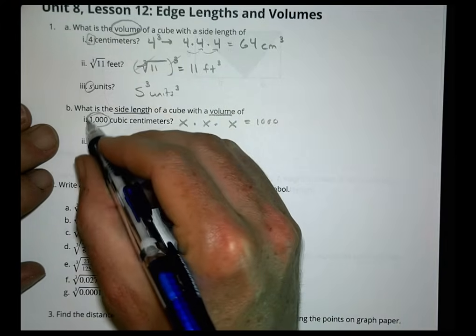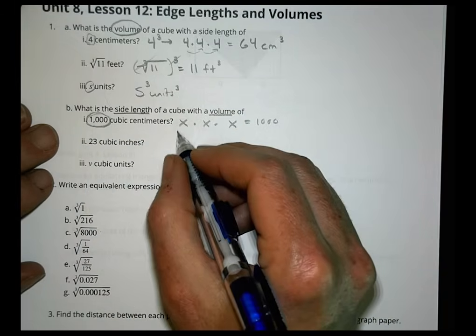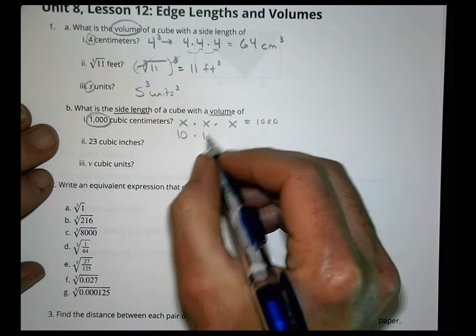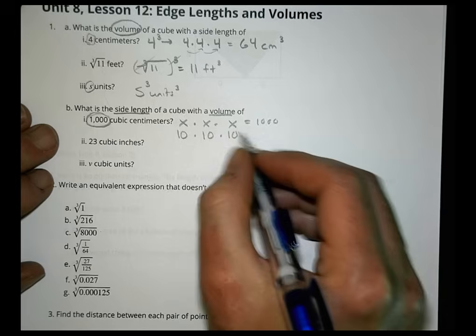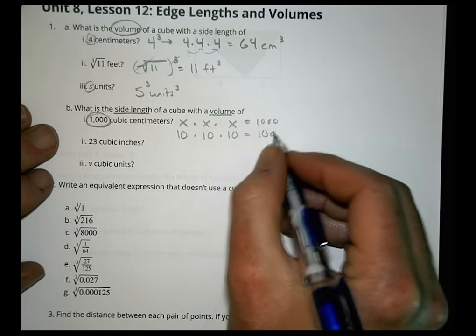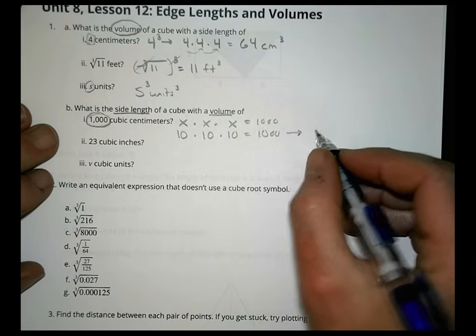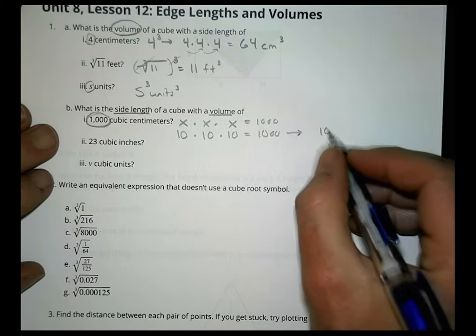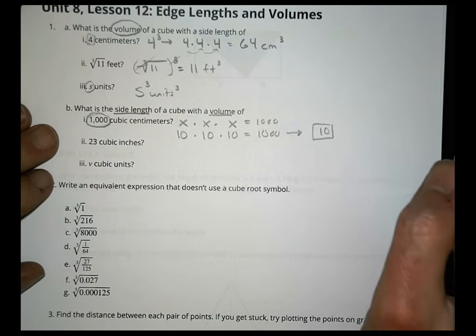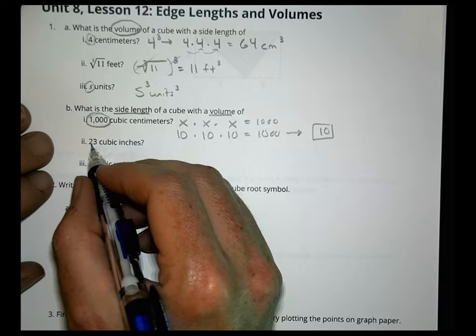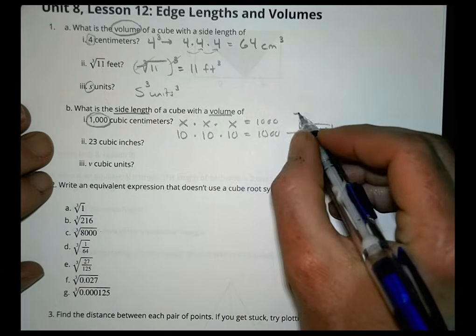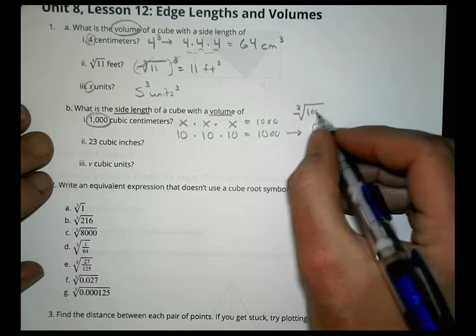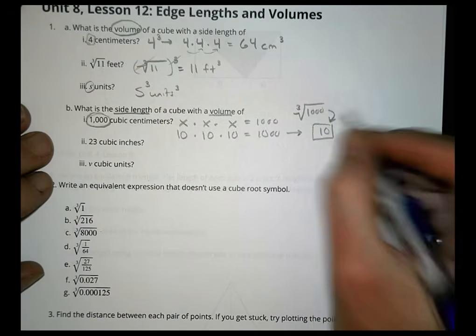Now that's a nice number here, and I'm going to try one that makes the most sense to me, which is 10 times 10, which is 100, and 100 times 10 is 1,000. So therefore, we would say that the side length is going to be equal to 10. Okay? The other way of showing this is I'm doing the cube root of 1,000, which actually equals that.